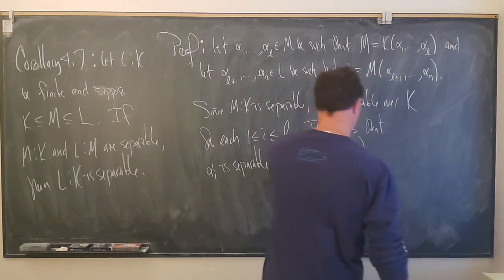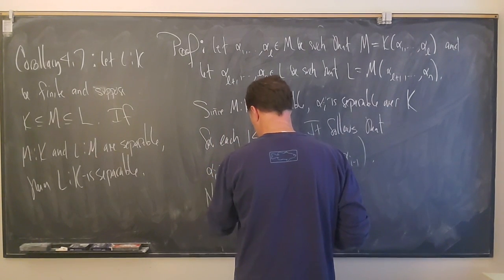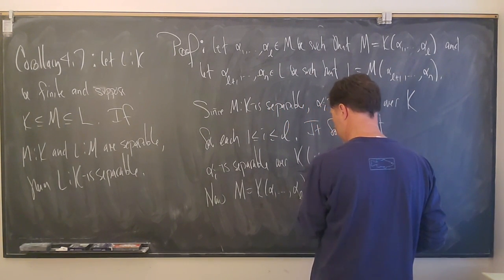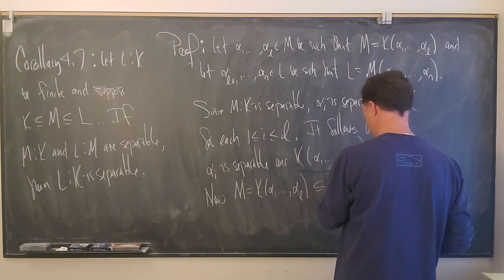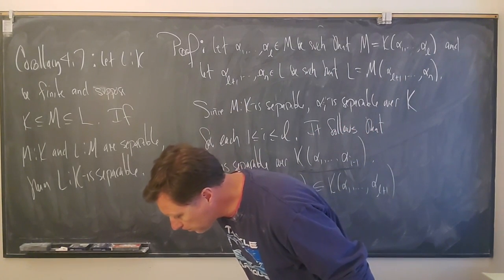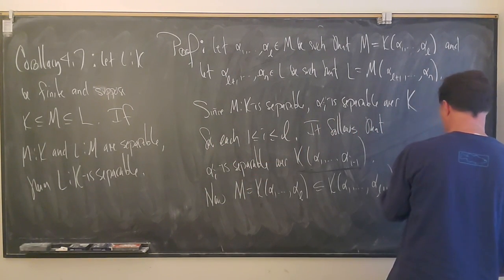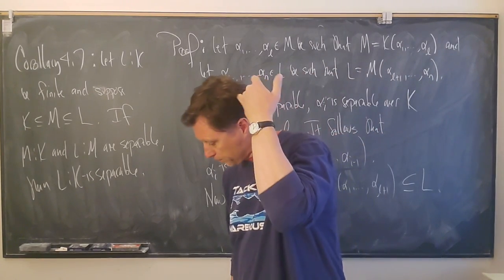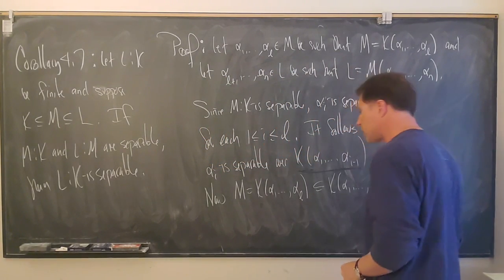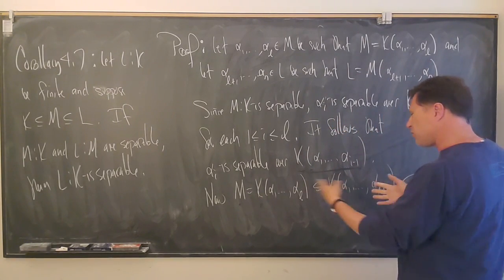So now we also have M, which equals K adjoin alpha 1 up through alpha l, is contained in K adjoin alpha 1 up through alpha l plus 1, which is contained in L. Now, we've assumed that L over M is separable, and remember, that tells us that we can do separability with the intermediate stuff.